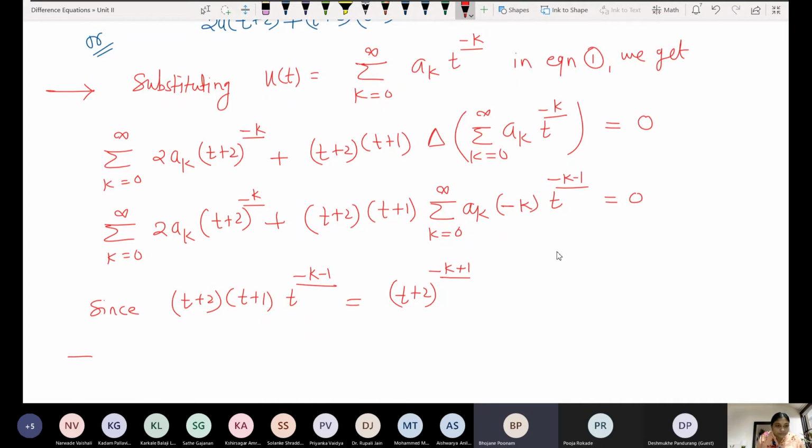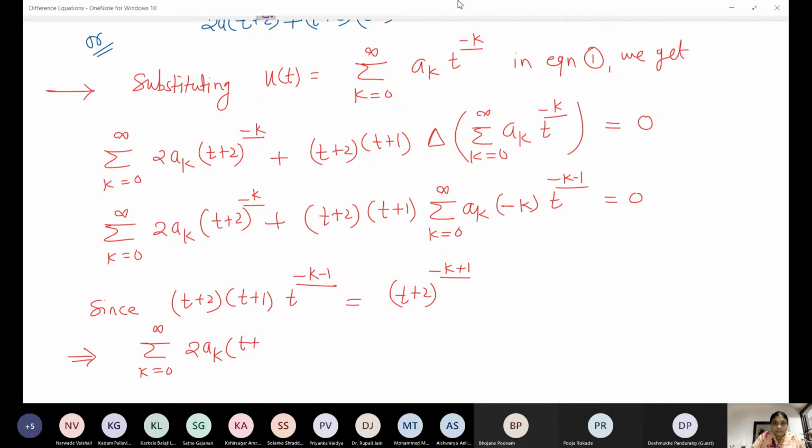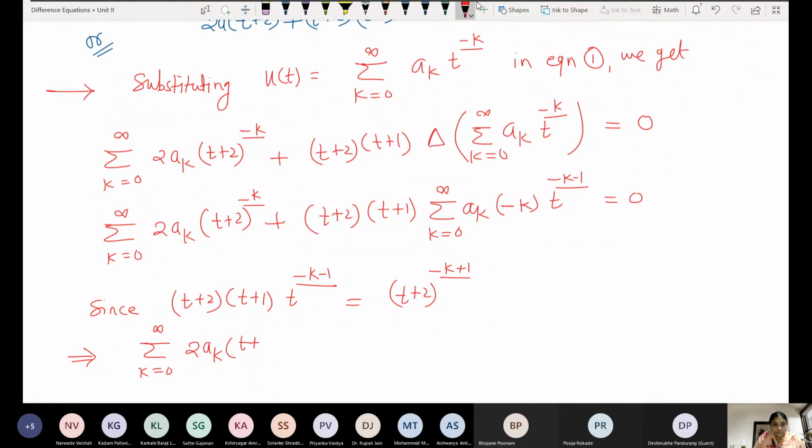So we have, this implies, I can write summation k equal to 0 to infinity 2 times a_k, t plus 2 to the minus k falling, plus summation k equal to 1 to infinity a_k times minus k, t plus 2 to the minus k plus 1 falling, which is equal to 0.